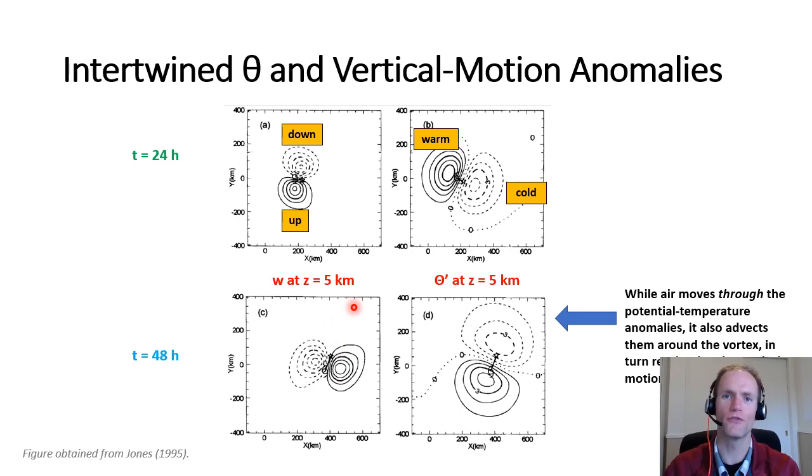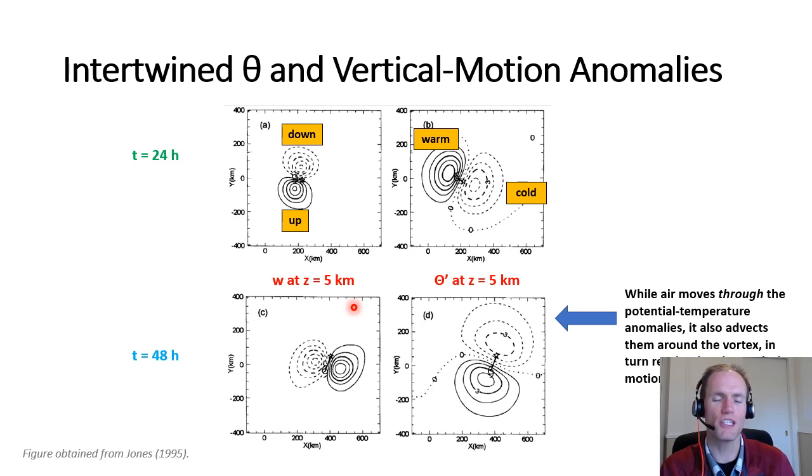Typically, however, the ascending anomaly is favored downshear, so in this case to the east, and slightly to the left, so sort of toward the northeast of a westerly vertical wind shear vector. And this is where convection and ascent are typically favored. The reasons why that ends up becoming locked in place are a little bit beyond the scope of what we wish to talk about here.